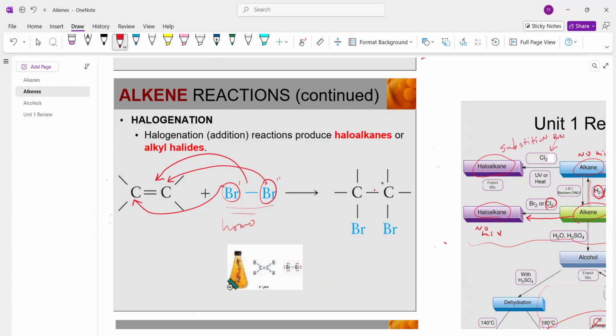The BR1 is going to add to one side of the double bond, and the BR2 is going to add to the other side. Now, if it's a homogeneous addition, you can't distinguish between the BRs. They're different physically, but they look the same.